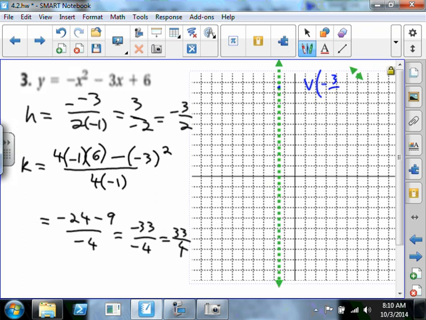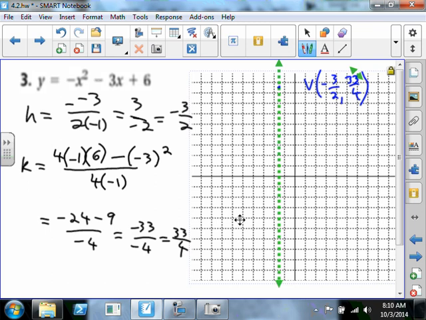Negative 3 halves, 33 fourths. Okay. Now, somebody mentioned the y-intercept earlier. Let's take a look at that y-intercept. It's going to be what in this one? It's going to be 6.